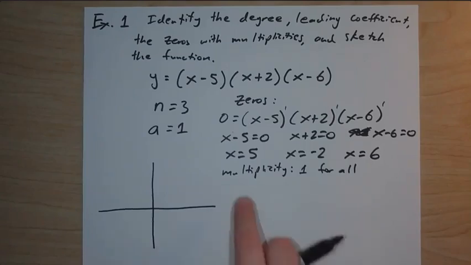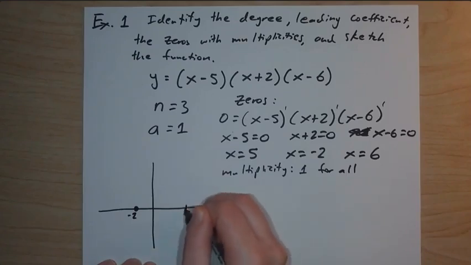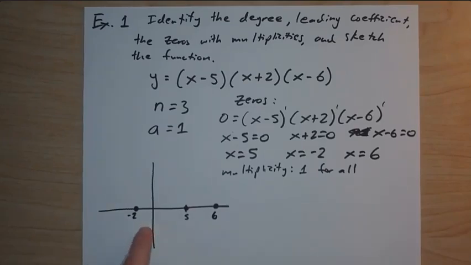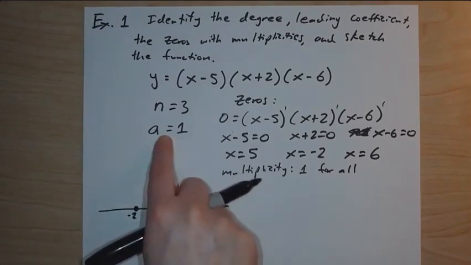We have 3 different zeros, and I'm going to mark them on the graph: one at negative 2, one at 5, and one at 6. Now we know the multiplicity is 1, which means it's going to pass through each of the zeros. It's going to pass through the x-axis. It's not going to bounce off. And we know that a is 1.